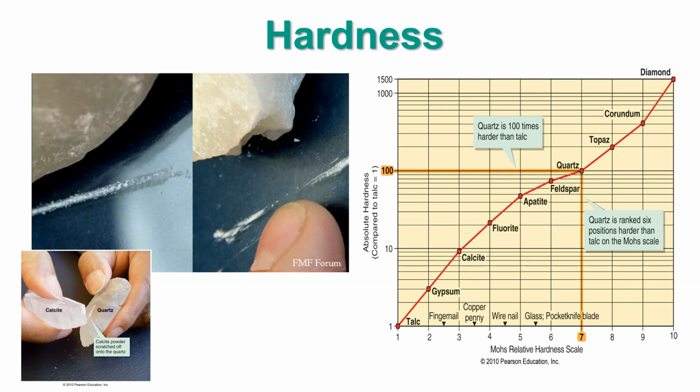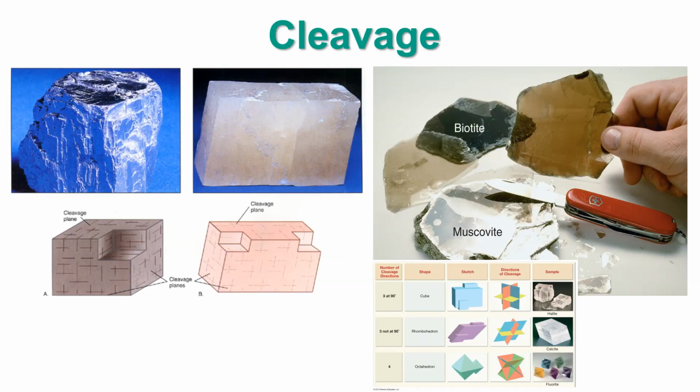Okay, so next we're going to look at probably one of the more challenging properties, and that's going to be cleavage. Cleavage is the ability of the mineral to break along weak planes of bonding. Think of it this way: if I were to take that mineral and hit it with a hammer, it's going to break off in the same exact shape as its original, larger form.